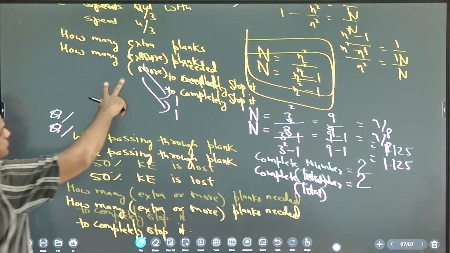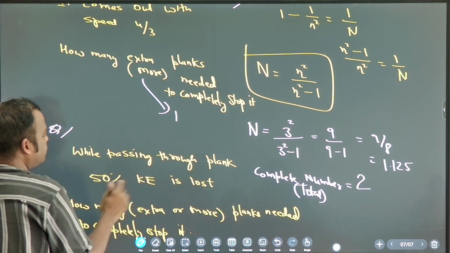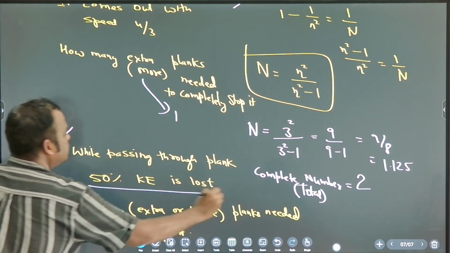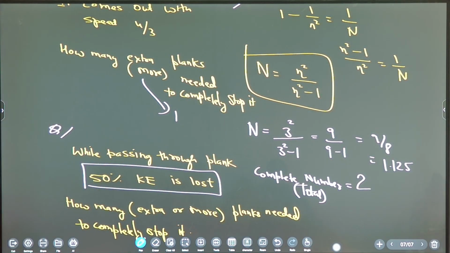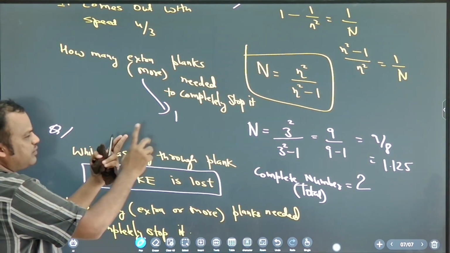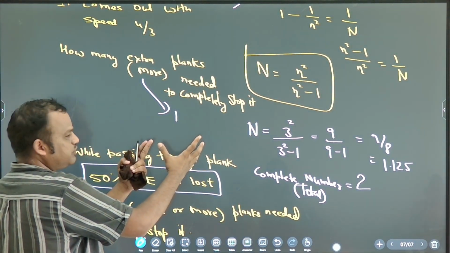So, while passing through a plank, how much energy is lost? 50%. Good. Suppose 100 joule is there. So after passing through a plank, what is the energy? 50 joule.